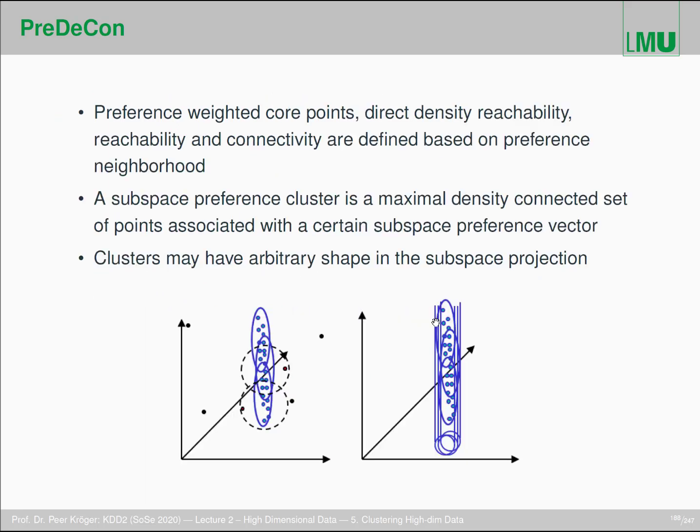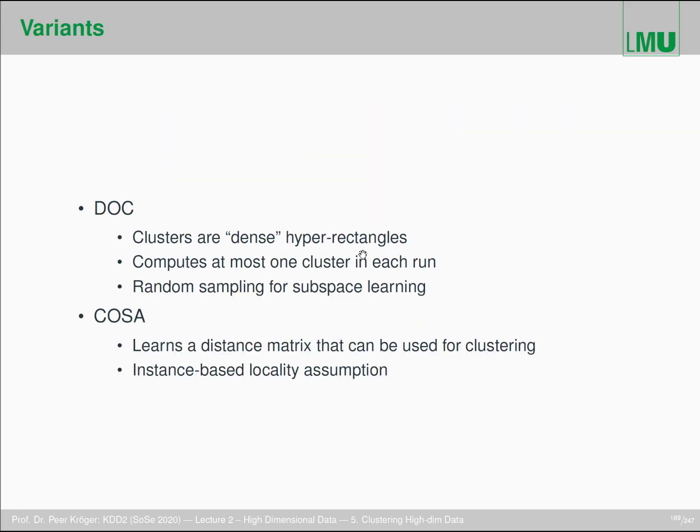Yeah? Okay. Yeah, and there are some more variants in this projected clustering thing. So DOC is a variant which is actually randomized or random based. Yeah, so it defines clusters as dense hyperrectangles, a little bit similar like CLIQUE. Yeah, and in one run it computes at most one cluster, and it uses random sampling for subspace learning.